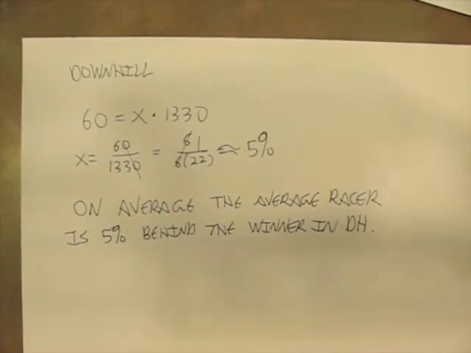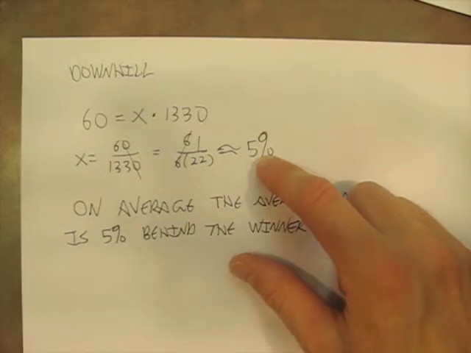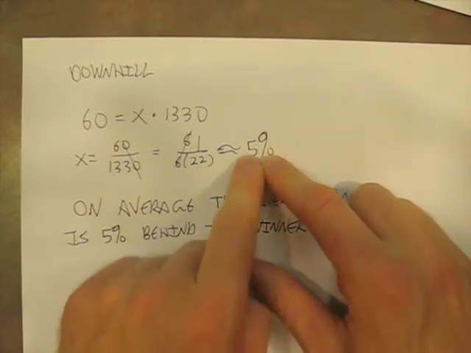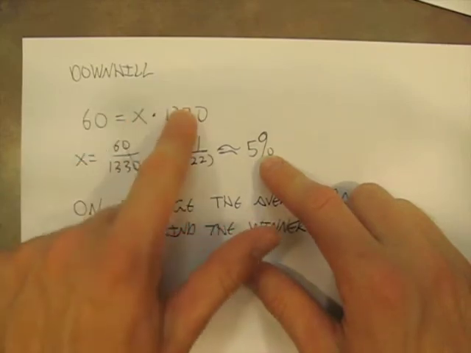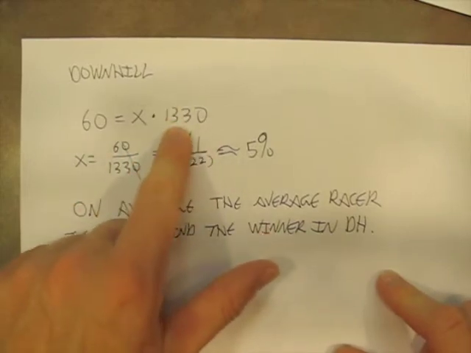So to reverse engineer it, what they do is they find out what percentage back each individual person in the world is off of the race winner in the race that they were in, and then you plug that in for x. 60 equals x times F. You solve for F, and for downhill you come up with 1330.